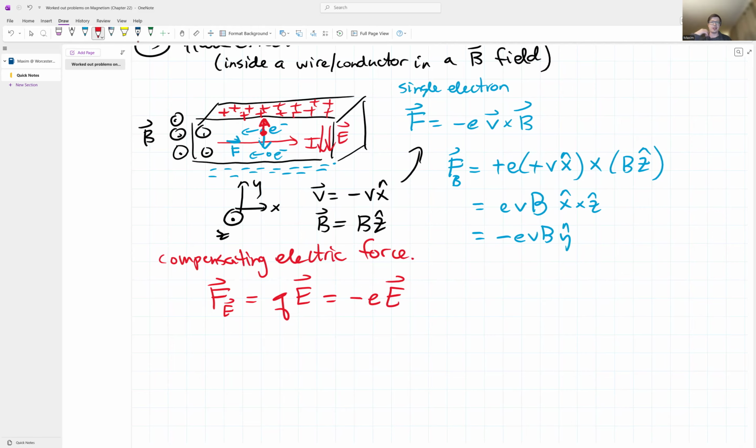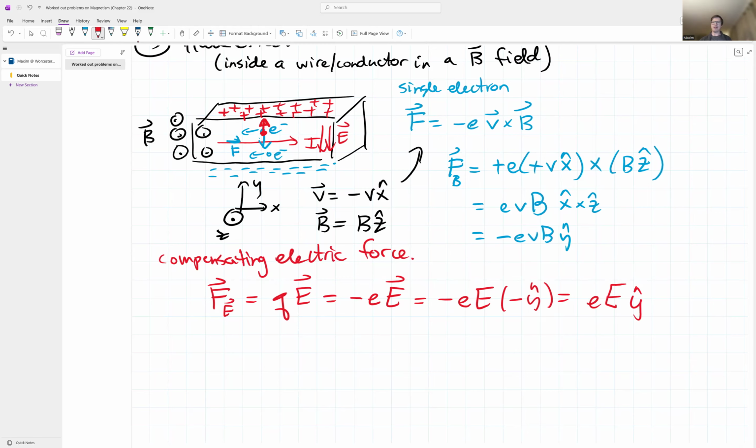The electric field is pointing down, from positive to negative, so the electron is going to be pushed up. So the force on the electron is minus e times some magnitude E of the field, in the y hat direction. Little e for the electron charge, big E for the electric field.